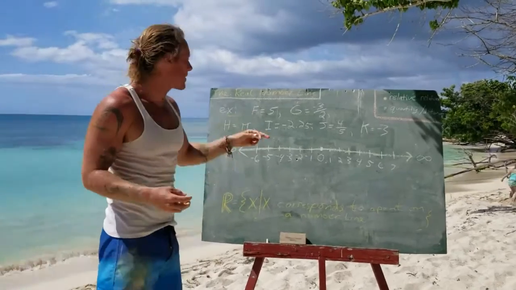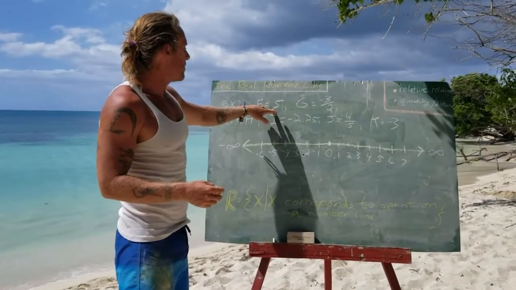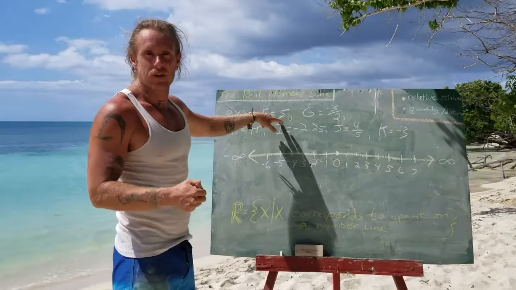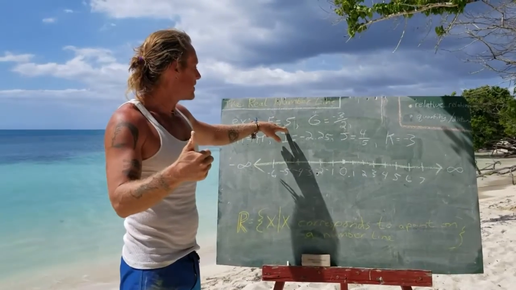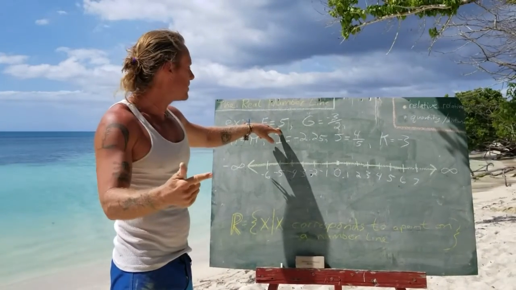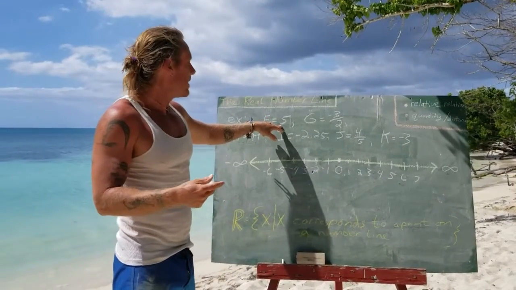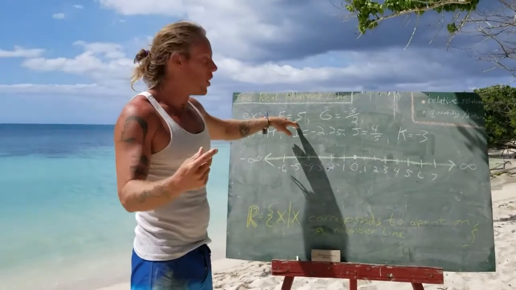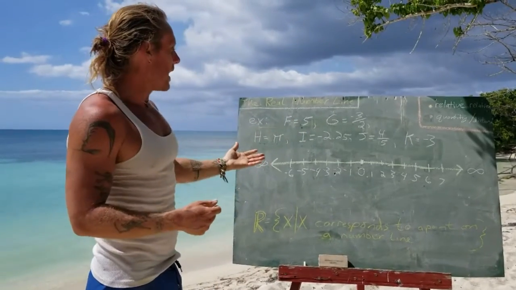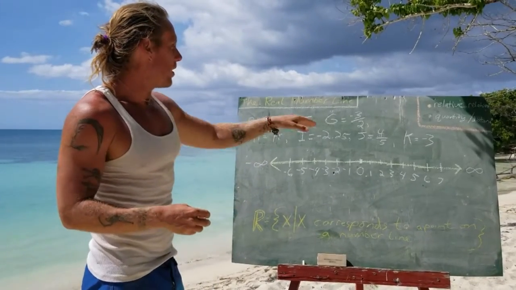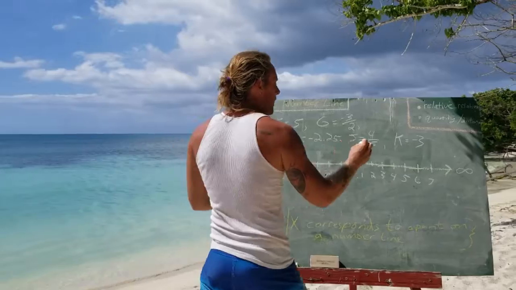First of all, just for practice, what type of number is F? Is it a natural number? Yes. Is it an integer? Yes. Is it a rational number? Yes, it can be written 5 over 1. Is it an irrational number? No. So 5. Where would point F be on our number line? Well, here's 5.